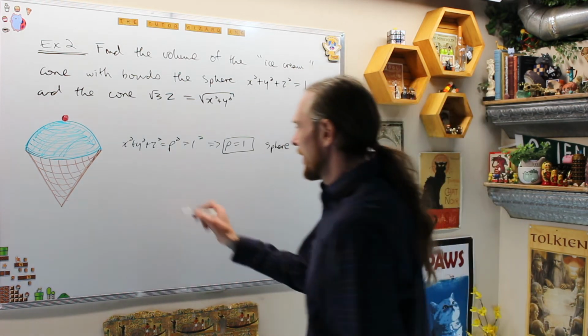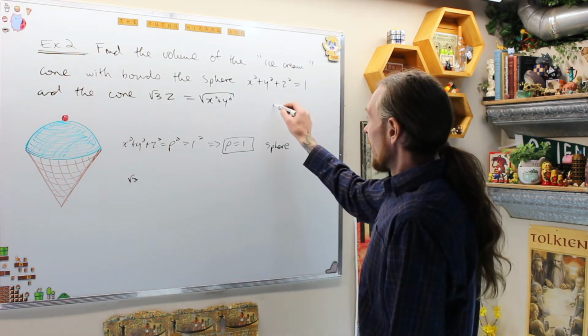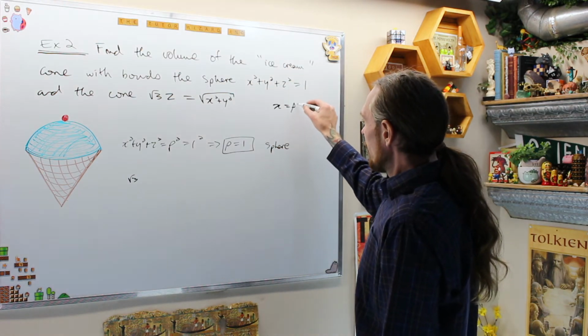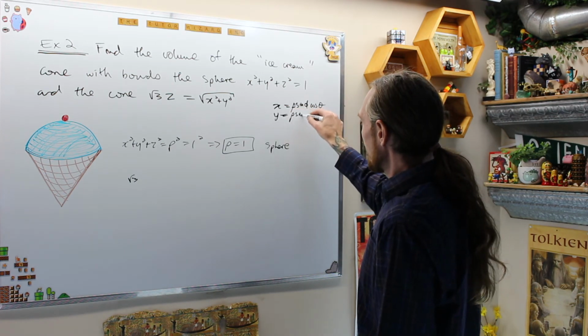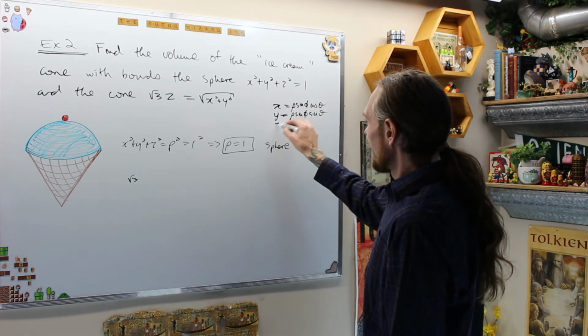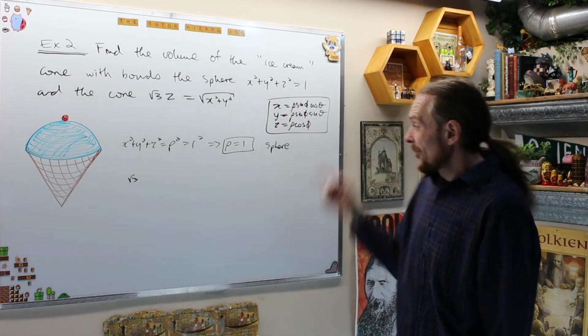What's the cone? The cone is going to be root 3 z. And what is z? Remember, x is rho sine phi cos theta, y is rho sine phi sine theta, and z is rho cos phi. So I'm putting those in here now.